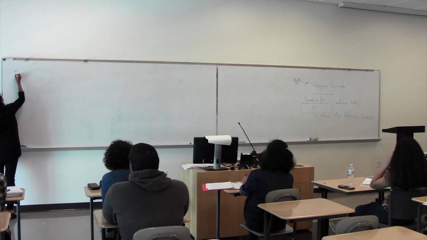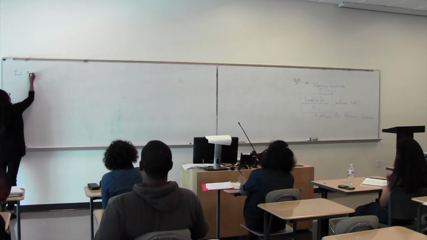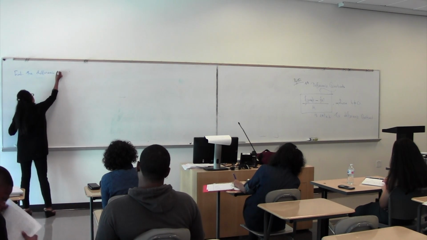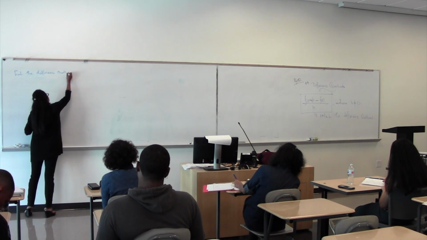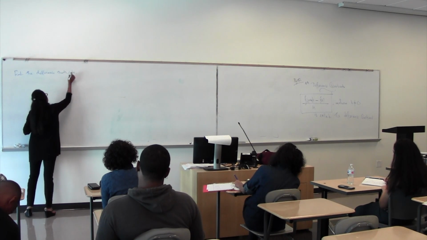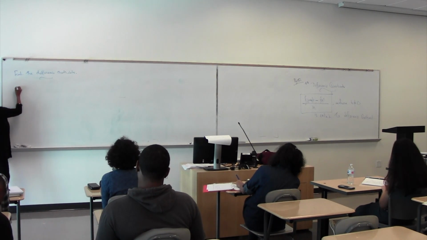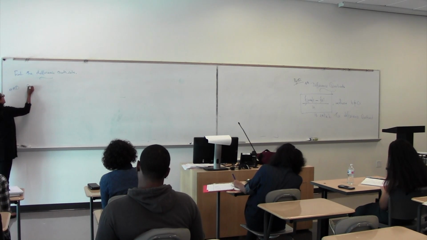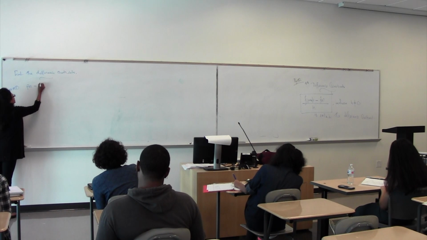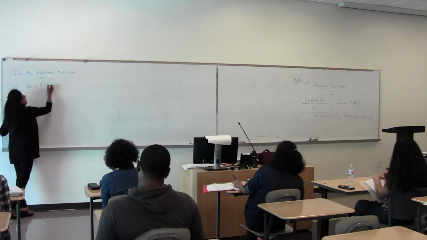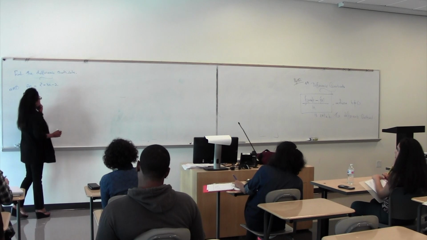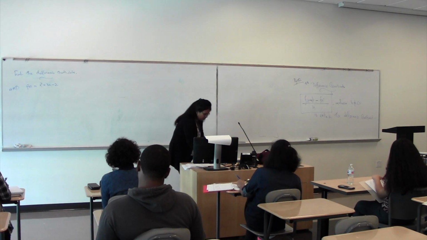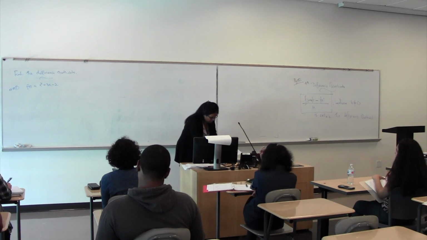Find the difference quotient. Example number one: f of x is equal to x squared plus 3x minus 2. So f of x is given, find the difference quotient.